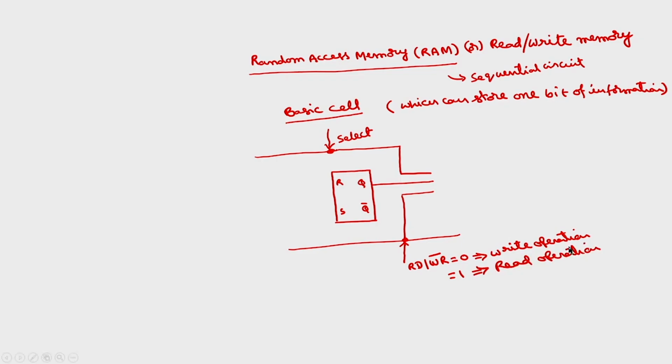Similarly, you should have some input from where you can give the input data, and there will be some output from where you can read the data. This is the output where you can read the data.